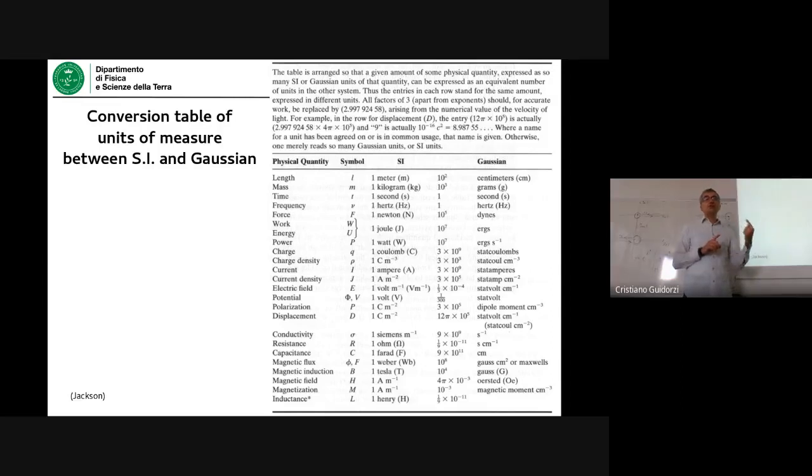As well as 1 Newton, 10 to 5 dynes, and so on. These are the most important ones. At least the energy, and power is just ergs per second in the Gaussian system. And also the magnetic field units. You have the Tesla in the international system. In the Gaussian system, as you might guess, you have the Gauss. 1 Tesla, 10 to 4 Gauss. 10 to 4, magic number.